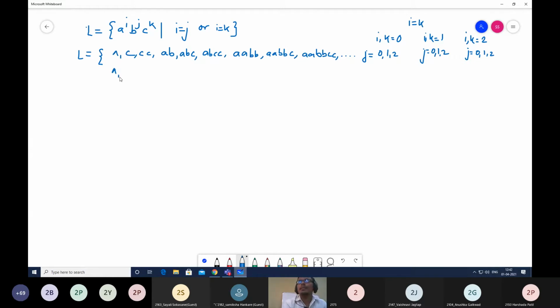So now if the values of i and k are 0 and j is also 0, we may get a string like null. When i and k are 0 and j is 1, what string will we get here? Can anyone answer? B. Yes, B. Then we may get BB. Then the value of i and k is 1. What string can I get if the value of j is 0?